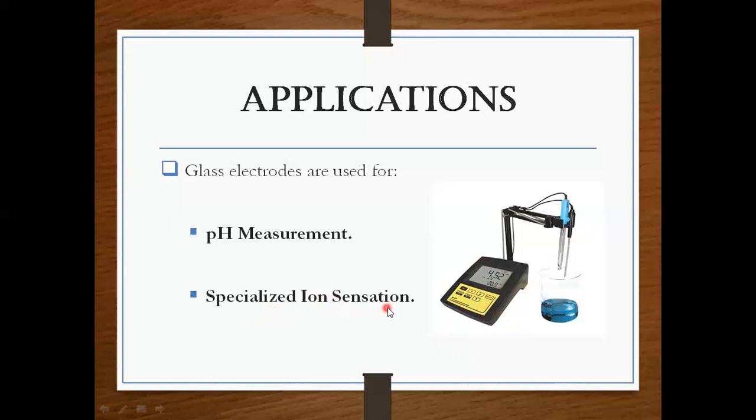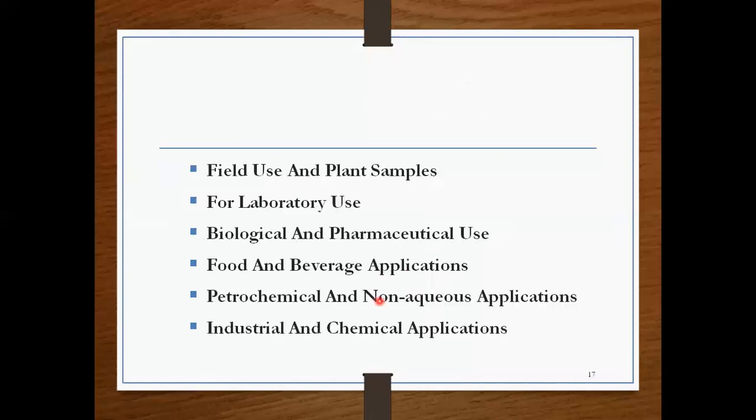The next one is specialized ion sensing. There are also specialized ion sensitive glass electrodes used for determining the concentration of lithium ion, sodium ion, ammonium ion, and other ions. Again, as I stated before, this depends upon the composition of the glass tube and glass membrane.